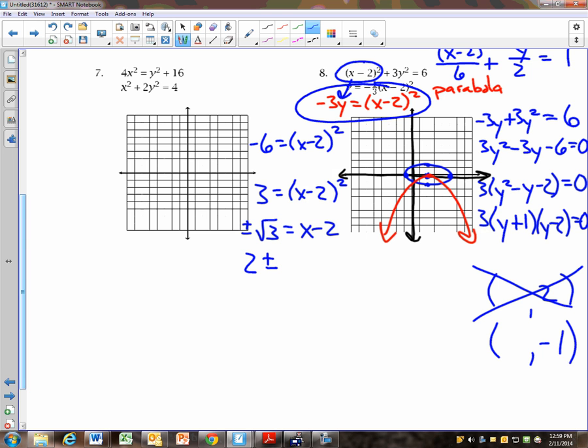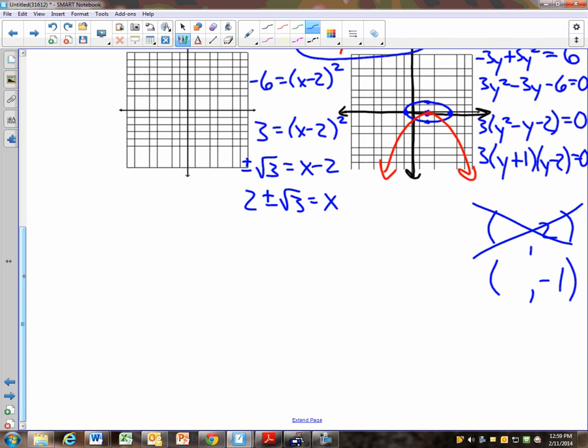Add the 2. 2 plus or minus the root of 3 is equal to x. So you can see those are your two solutions: 2 plus the root of 3 with negative 1, and 2 minus the root of 3 with negative 1. That's our solution.